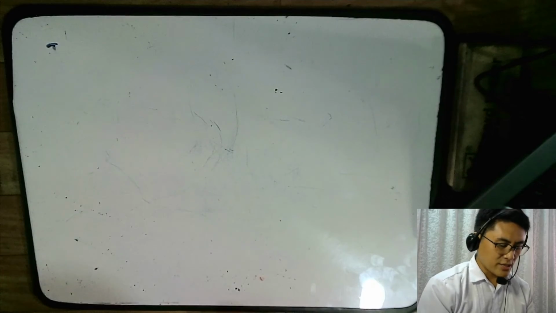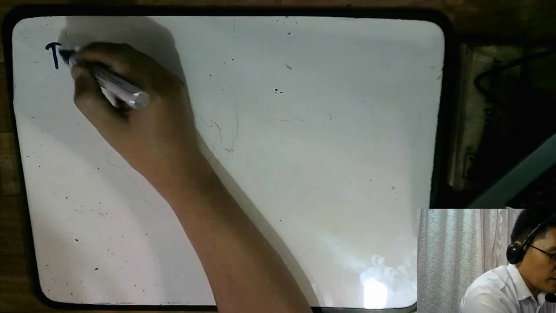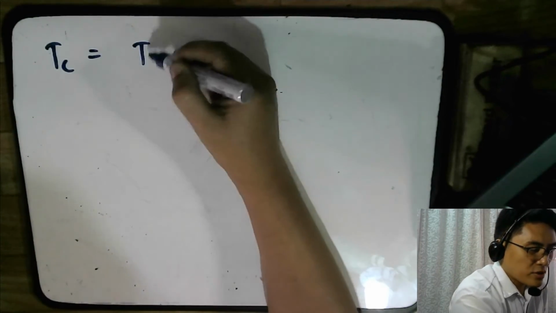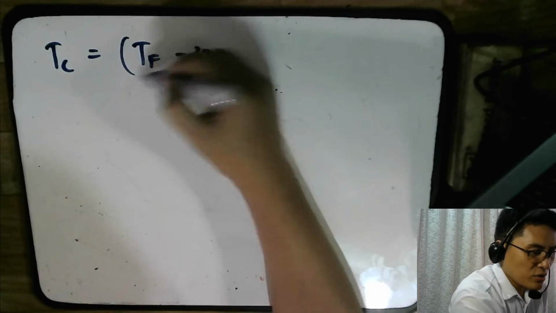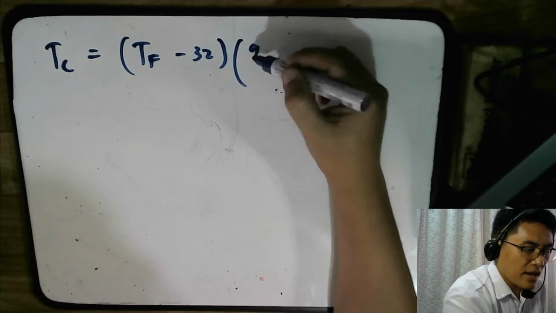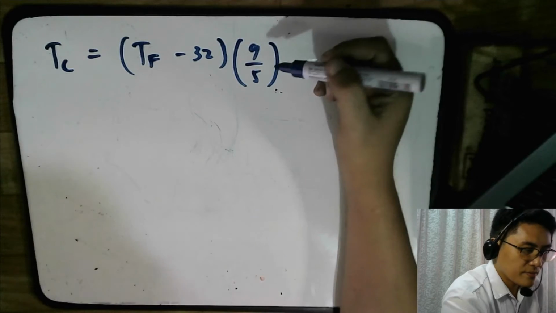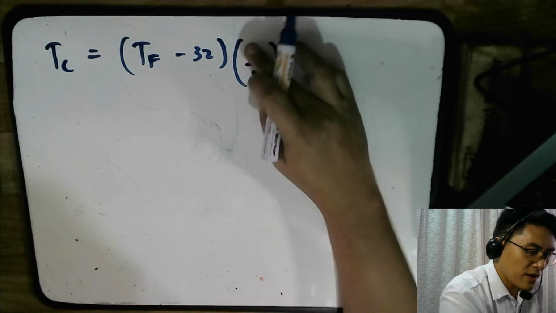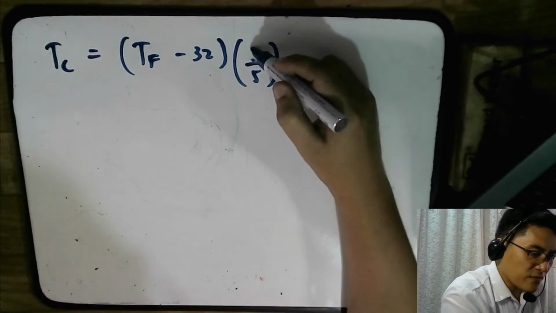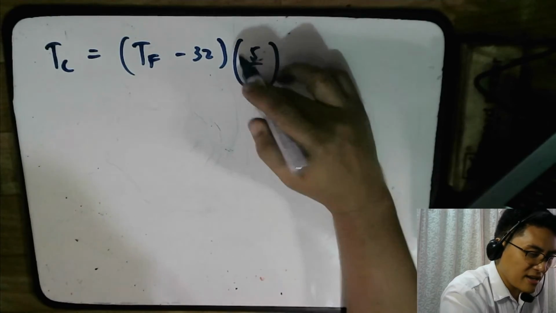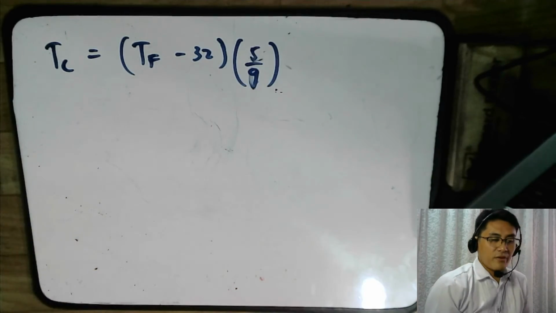Now, in most books, they don't even give you the unit. So it just gives you temperature in Celsius is temperature in Fahrenheit minus 32, no units at all, times 9 over 5. I'm sorry, 5 over 9. And again, this 5 is the 100, and this 9 is the 180. That's just reversed.